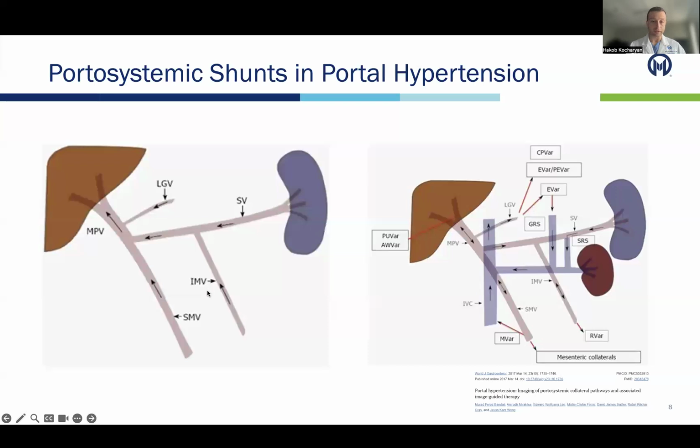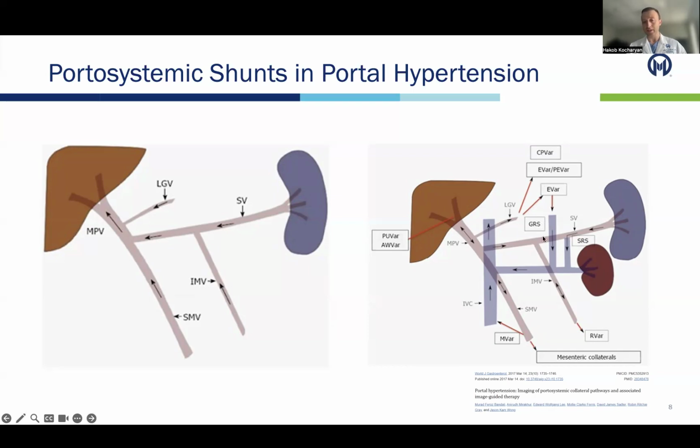Of note, inferior mesenteric vein can drain into the splenic vein or superior mesenteric vein. We learn this component of the anatomy because it helps us understand the directions and patterns of the portosystemic shunts and varices.